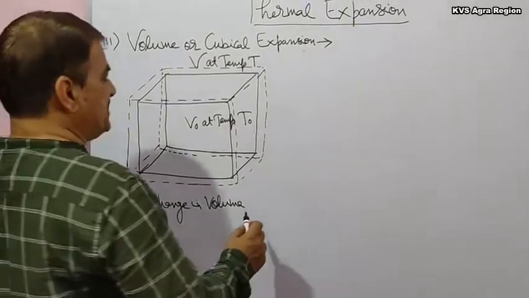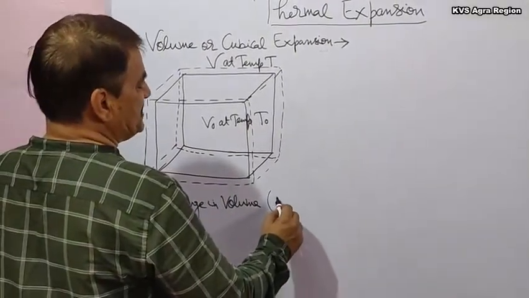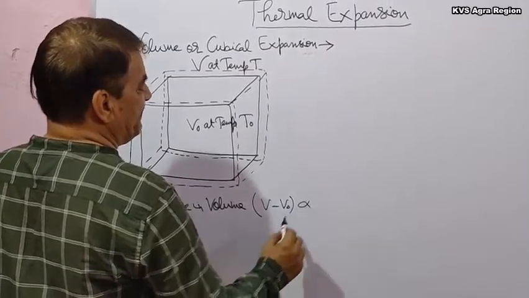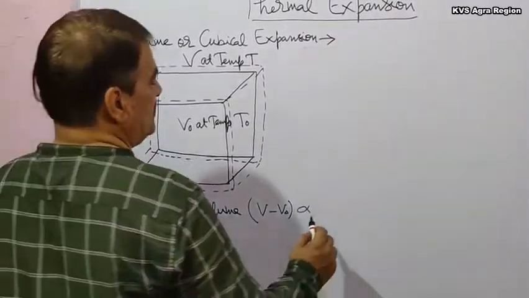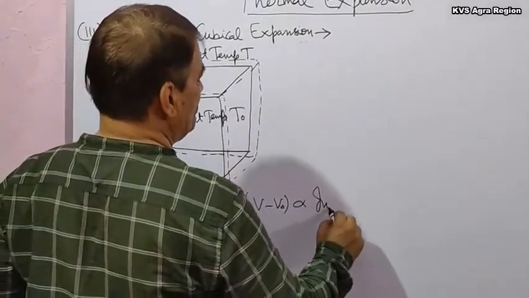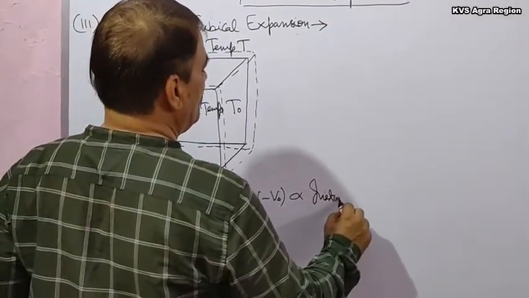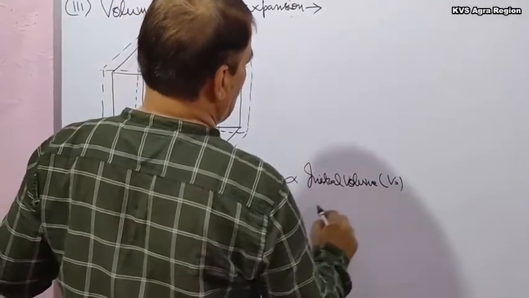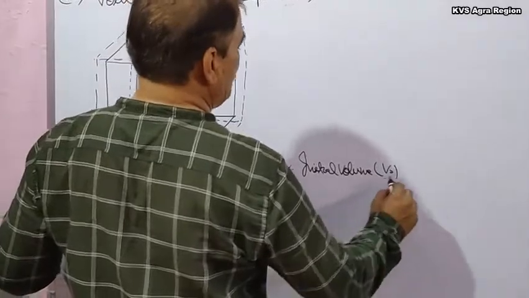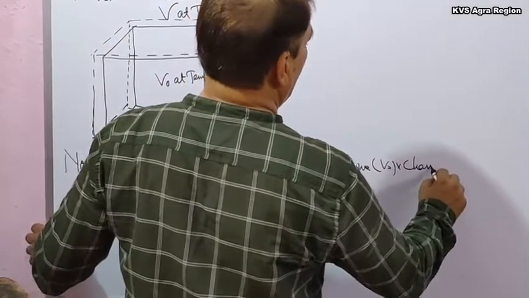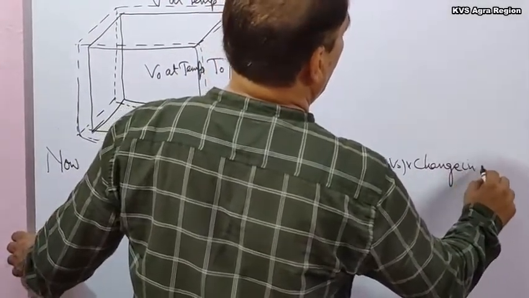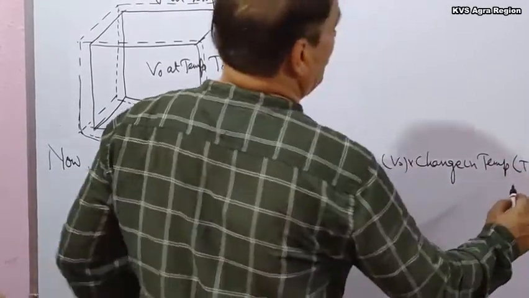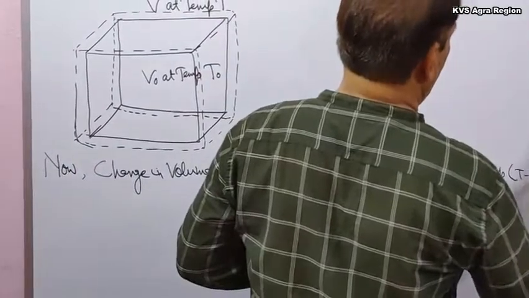So the change in volume, V minus V naught, will be directly proportional to the initial volume V naught into change in temperature, T minus T naught.